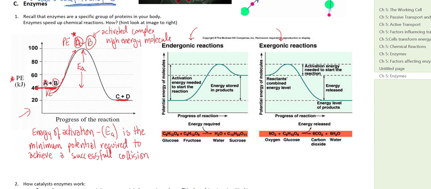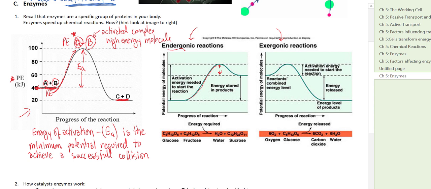So every single chemical reaction has to achieve a certain energy of activation. It doesn't matter whether it's endergonic or exergonic. Here, the system has to put energy in to achieve this activated complex. Well, every system has to put energy in to achieve this activated complex.